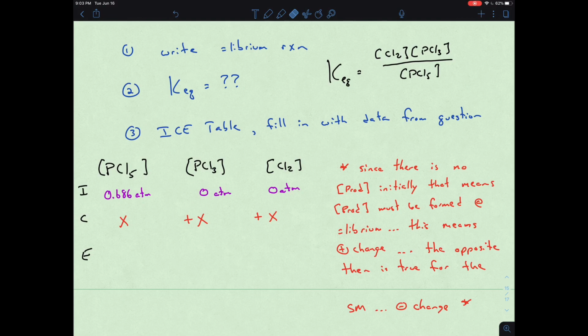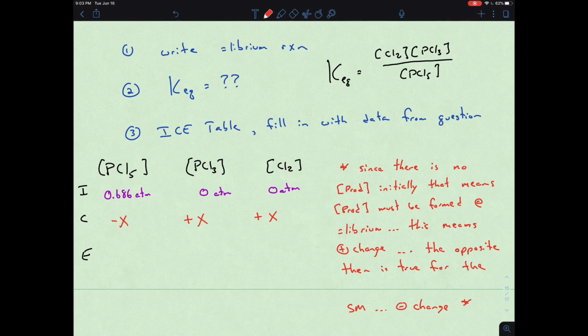So, since this reaction, if we scroll back, is all 1 to 1 to 1, we can see that in terms of our K in the top right-hand corner. That means that for every 1 molecule of phosphorus pentachloride that goes over to products, that would be minus X. And then that would actually form one of our products as well as one of the other product, the phosphorus trichloride and the chlorine gas.